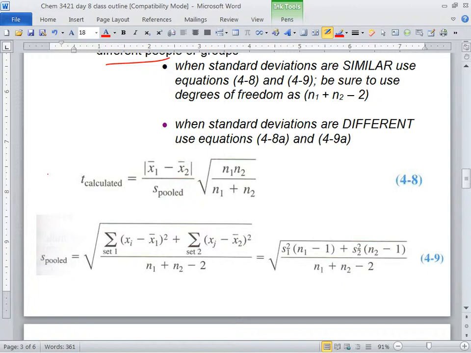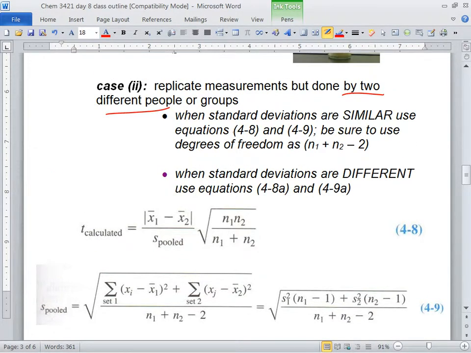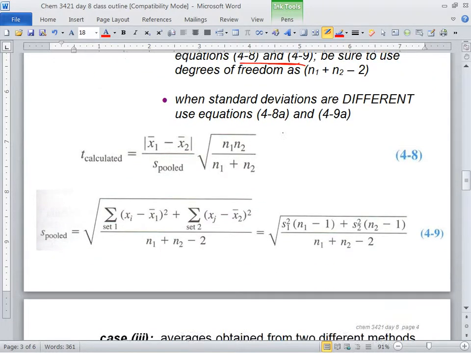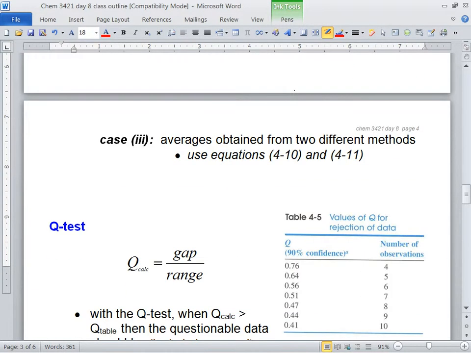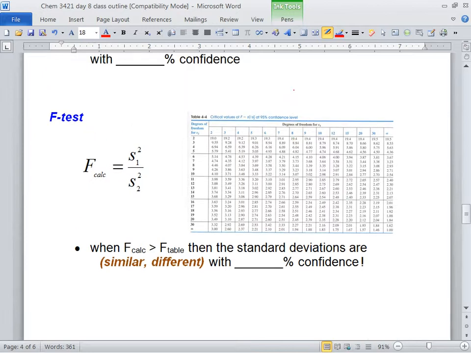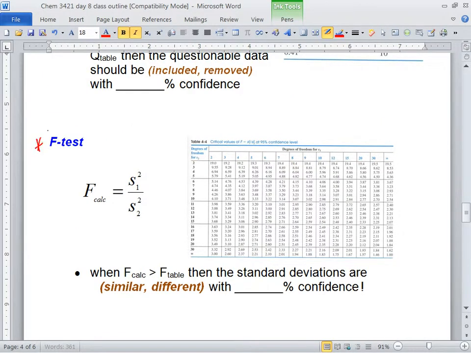One thing that I thought was kind of interesting was when the standard deviations are similar, use these two. Well, what qualifies as similar? Right? This is statistics. You can't just say, oh, that's close. You have to do the F test.